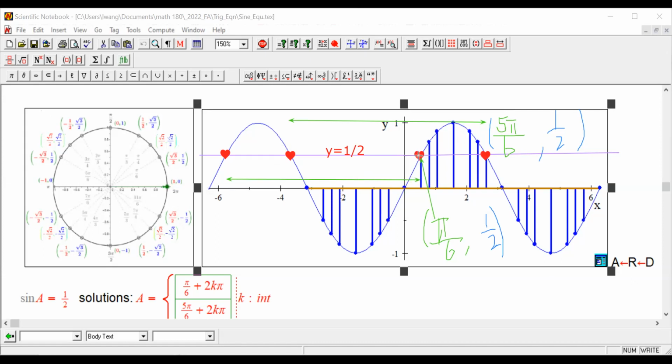If you subtract 2 pi from pi over 6, you get here. You subtract 2 pi from 5 pi over 6, you get here. And if you add 2 pi, you find other solutions. So plus or minus 2k pi, you're going to get as many solutions as you wish. I hope that's clear to you. Either way, if you understand the picture, if we understand the unit circle, then no problem.